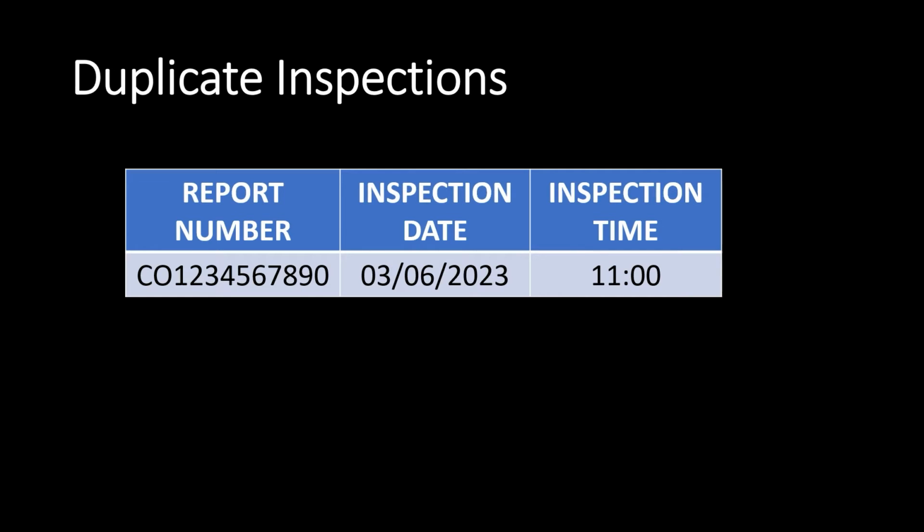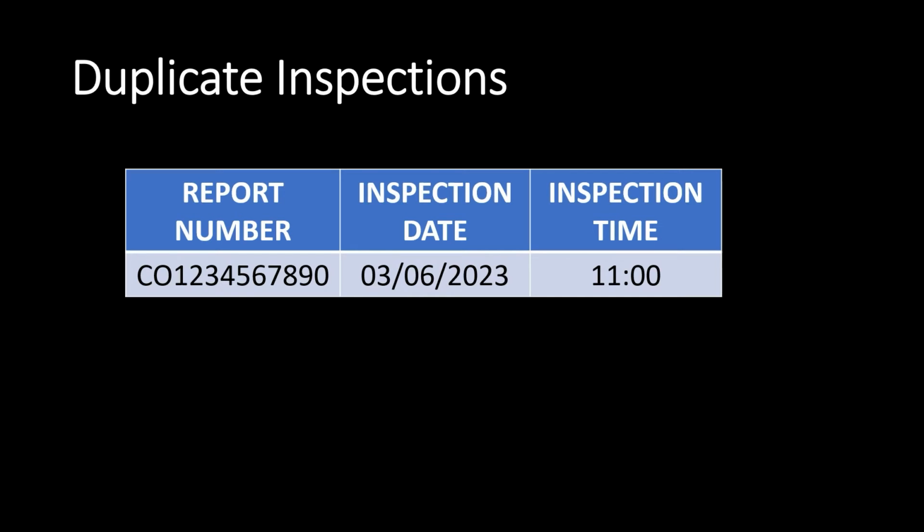Here, for example, we have a report number, an inspection date, and an inspection time. So in the FMCSA database, for an inspection to be unique, they look at these three fields: the report number, the date, and the time. So it's not just the report number, they look at all three.